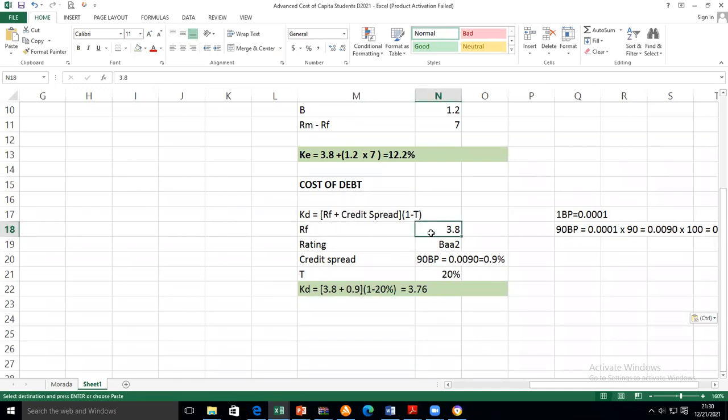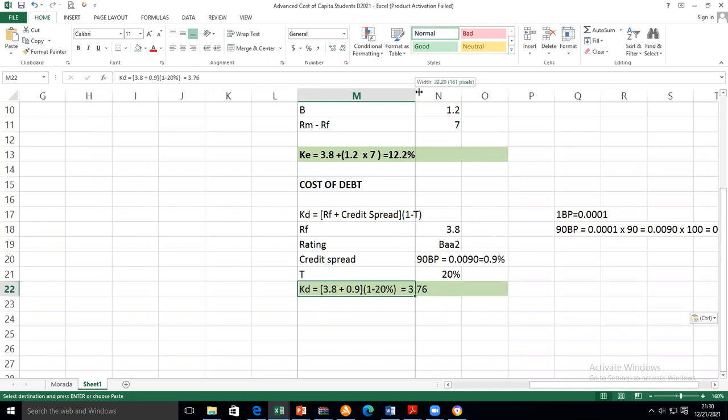The risk-free is here. The rating is there. The credit spread is 0.9. The tax rate is 20%. So this is our cost of debt.